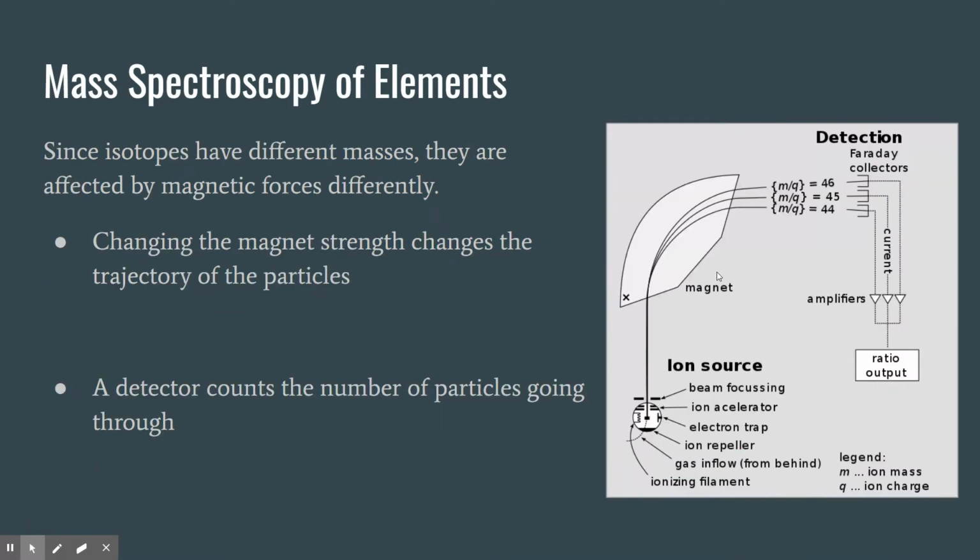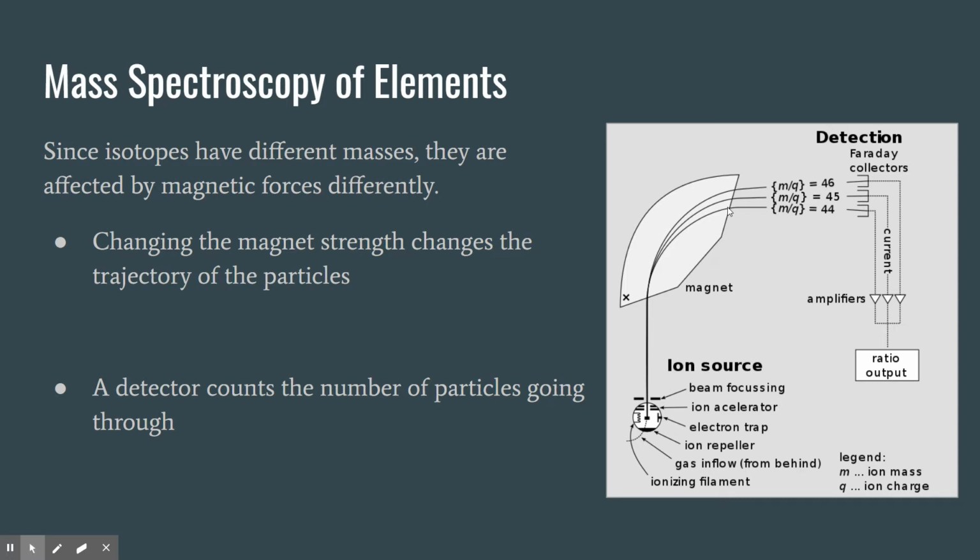Now, what a mass spectrometer does is it uses an ionizer to remove all of the electrons of the atom and send it through a magnetic field. And as it goes through the magnetic field, it's going to get pushed by the magnet.